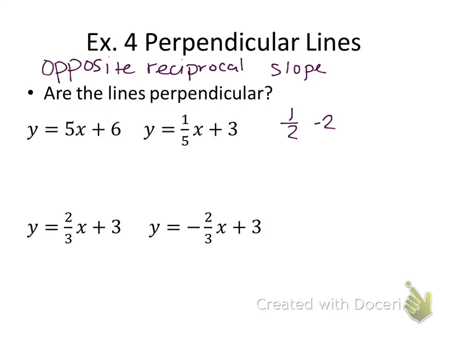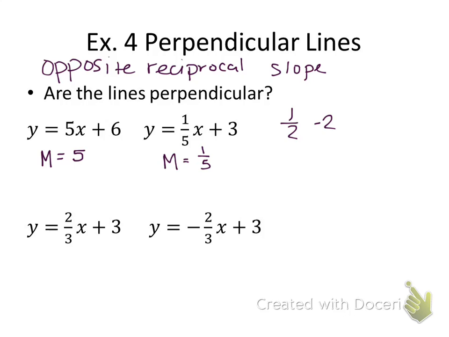So let's check these out. First of all, let's ask ourselves, are the equations in slope-intercept form? Yeah. So let's identify the slope in the first equation, which is 5. What is the slope in the second equation? 1/5. So let's ask ourselves, are they opposites?